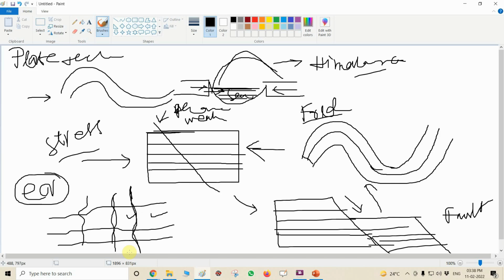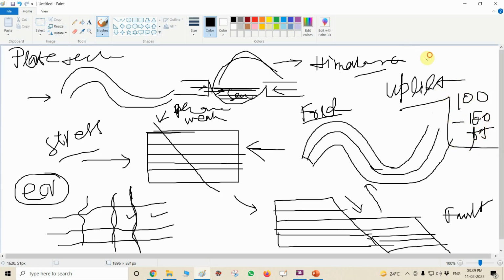And for this Indian peninsula, the eastern and western coasts, recently there have been studies and they have found that these coasts have been uplifted, means the surface of that continent has gone up by 100 to 150 feet. So these things, the upliftment or the subsidence, are very common.